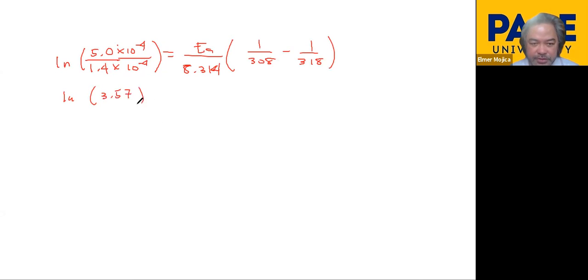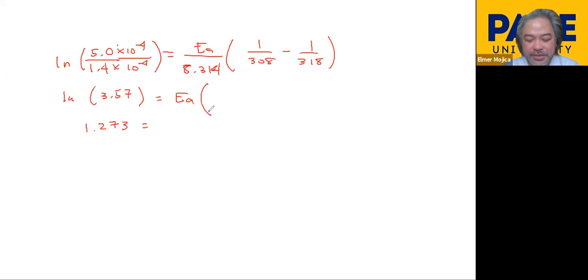Okay. So what I do, I just get the ln of the number that you have there, so you have 1.273. Now, how do I end up with this one? I have an EA because that's the one that I'm looking for.